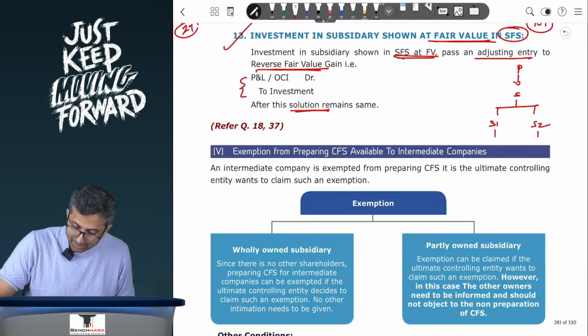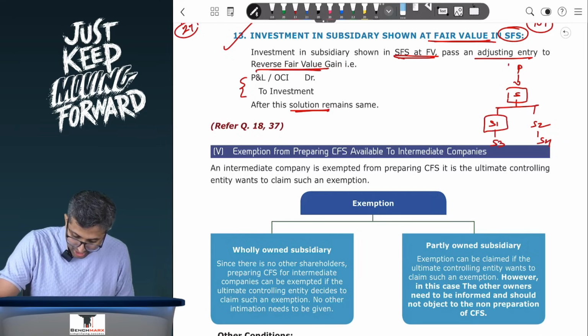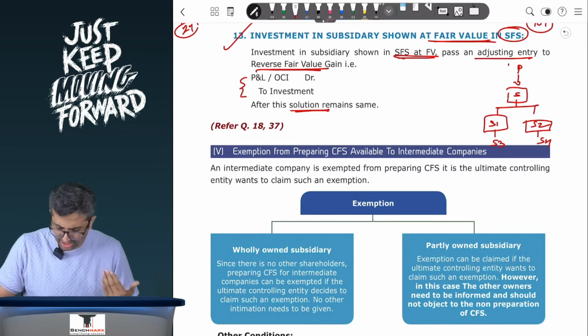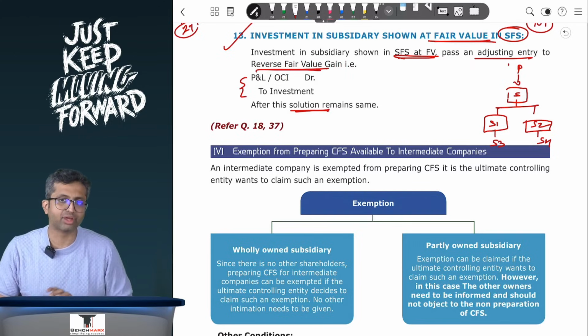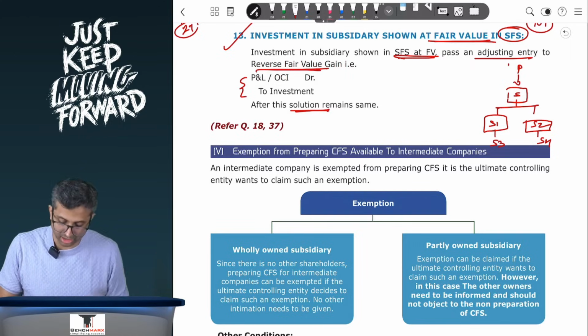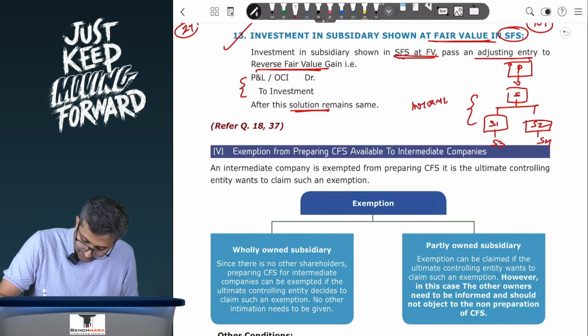Over here, P is the ultimate company, S is the intermediate company. S3, S4 are the ultimate subsidiaries. Now, when I look at S, S1, S2, these are the intermediate holding companies.